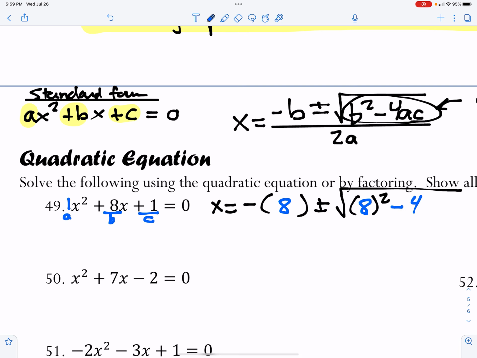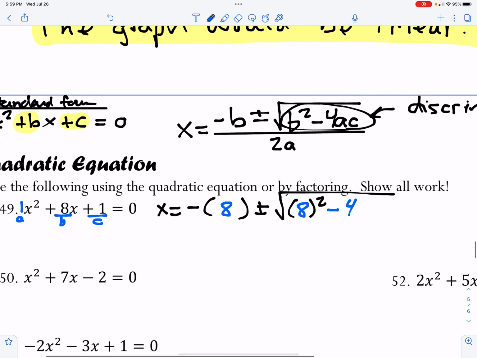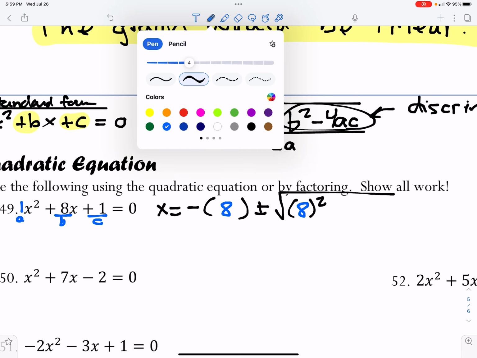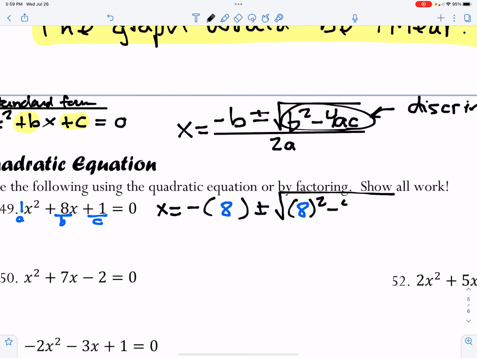Minus 4, 4 is part of the equation. Now 4 times a times c, all over 2 times a.